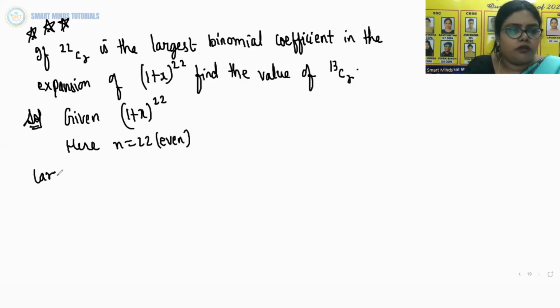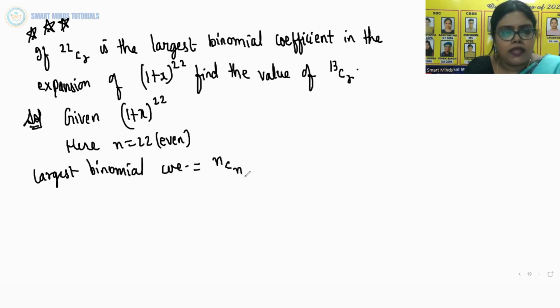So how do you find out the largest binomial coefficient? So largest binomial coefficient is nC(n/2). That is 22C(22/2), that is 22C11.